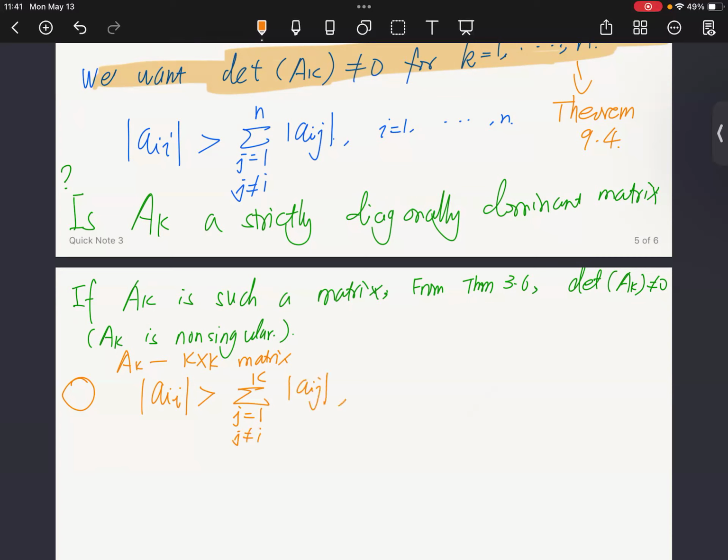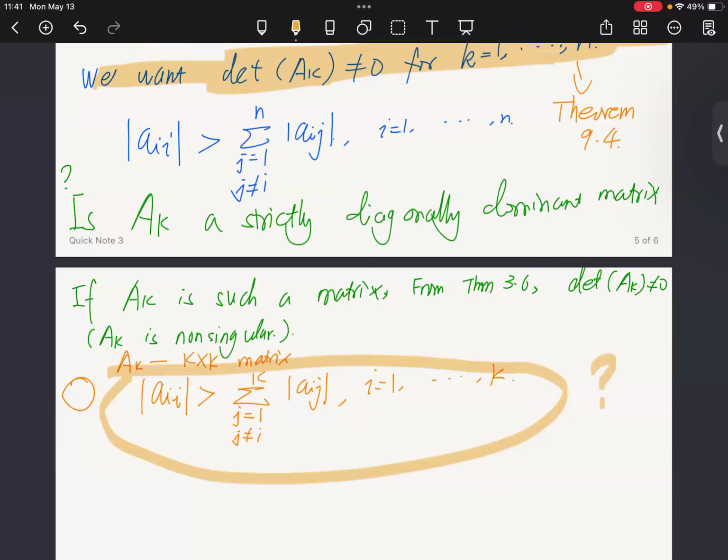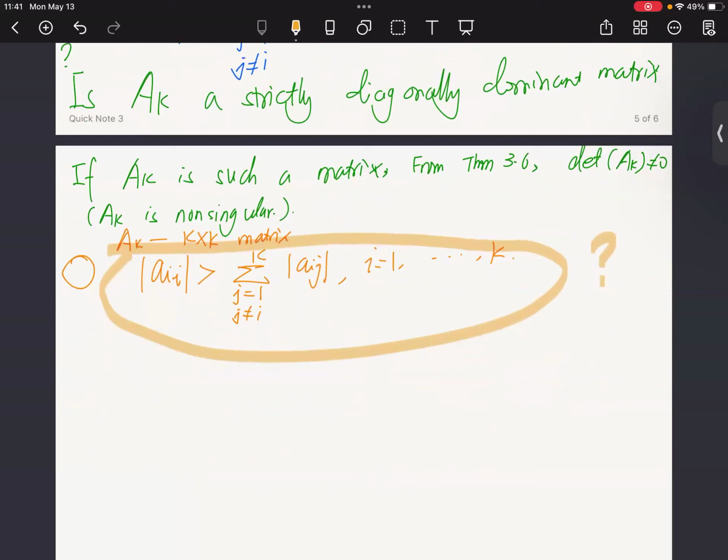We check row by row, and we just need to check the first k rows. Does this condition hold?